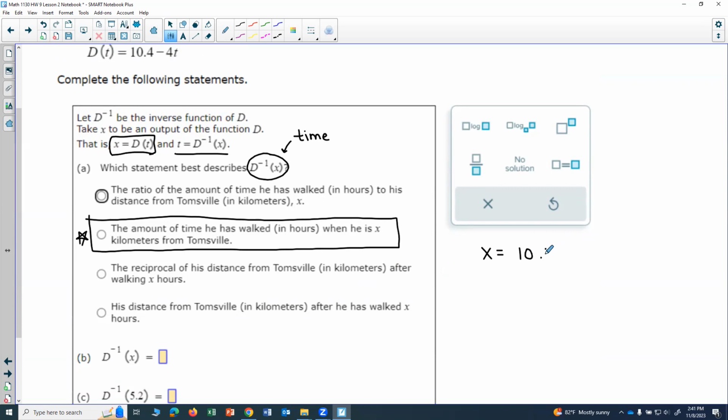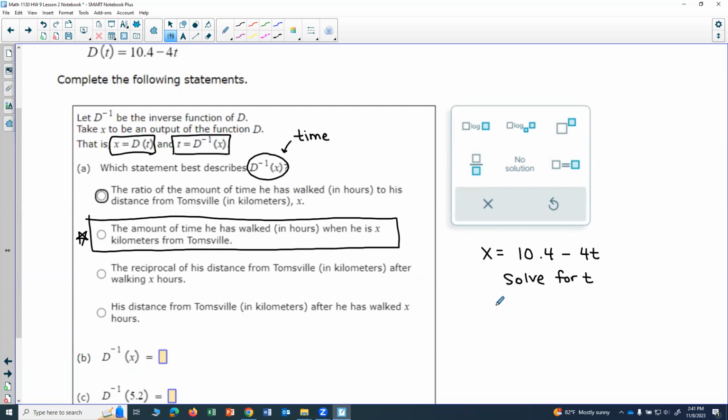And I was also told that t equals d inverse of x. So to get d inverse of x, what I want to do is solve for t, because if I can get t, then I've got my d inverse of x. I was given those two relationships up here.